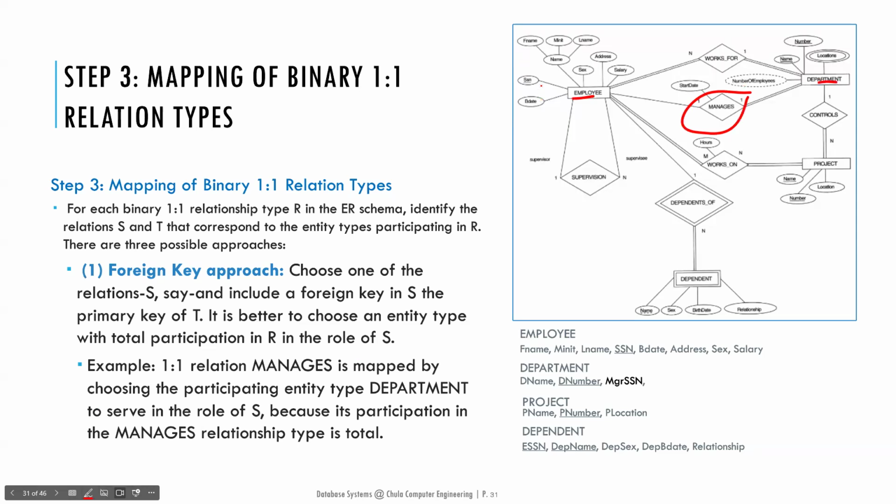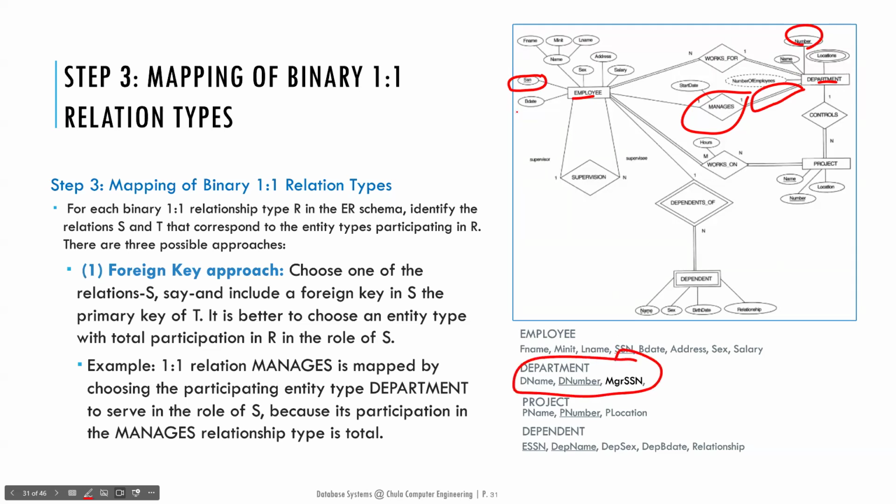Now, we are going to take a look at the primary key on both sides. What we are going to do is to take one primary key and put it in the other. But which side, right? What it recommends is that we take a look at the total side. So total is here, right? The double line here is the total side. For this, you will see that I'm taking a look at the total side, which is the department.